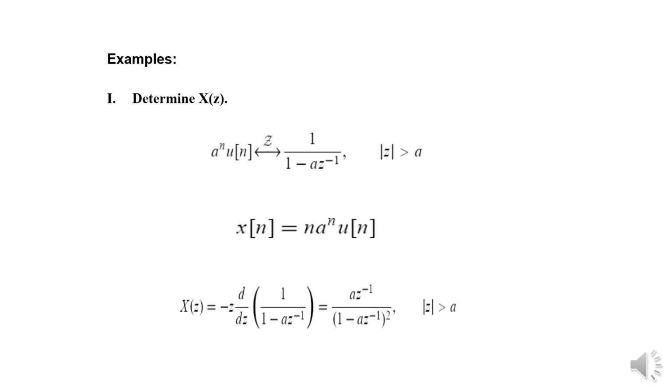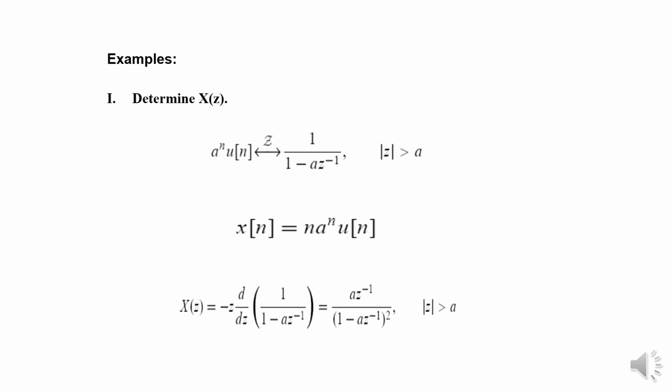Therefore, the z transform of n a^n u[n] will be minus z times the derivative of 1 over 1 minus a z^-1. And the ROC will not change, it will be magnitude of z larger than a.